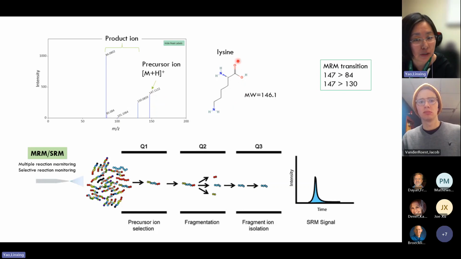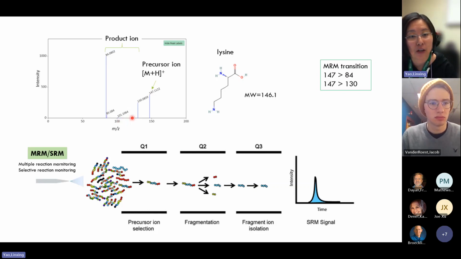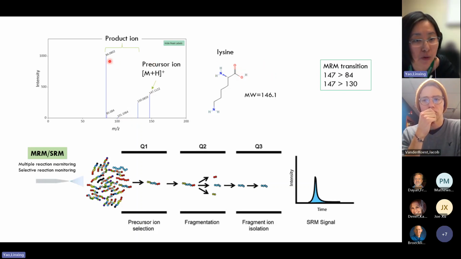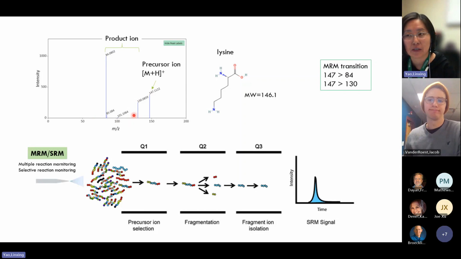If this ion loses a carboxy group or amine group, it will become a fragment with m/z 101 or 130. If it loses both of these polar groups, it will turn into a fragment with m/z 84. These fragments are all called product ions, fragment ions, or sometimes daughter ions.